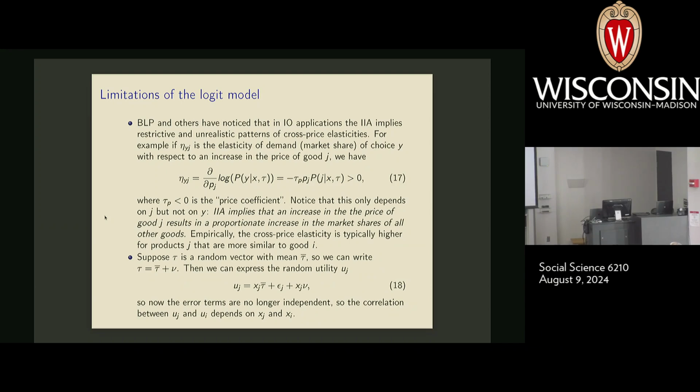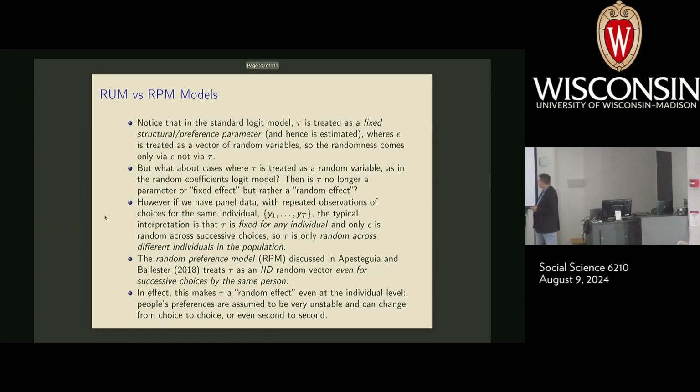This is IID over different goods, but now this composite error term will have a correlation, which the strength of that correlation will depend on how close the observed attributes are. So now you can get more realistic price elasticities because the random coefficients capture the correlation. So that's why we want to do this.